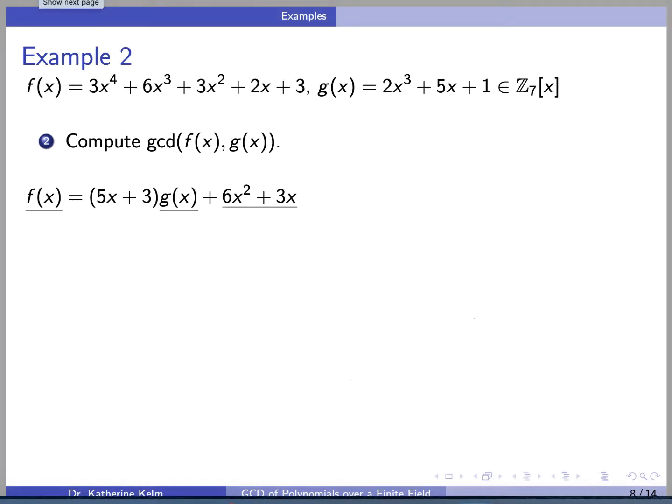Okay, for the next part of our example, we're going to compute the GCD of f of x and g of x. We learned in part 1 that f of x is equal to 5x plus 3 times g of x plus 6x squared plus 3x.